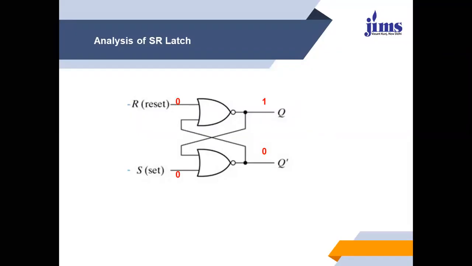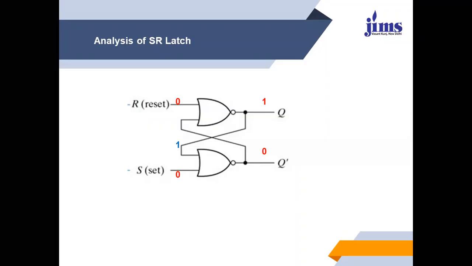Now we go with our basic assumption of the NOR gate. For the NOR gate, if any input is 1, then the output will be 0. Keeping in mind the concept, we start our analysis with the NOR gate which has input 1. So here, this 1 will be fed back to the NOR gate with input S. Because whenever a single input is 0, we cannot decide the output of the NOR gate.